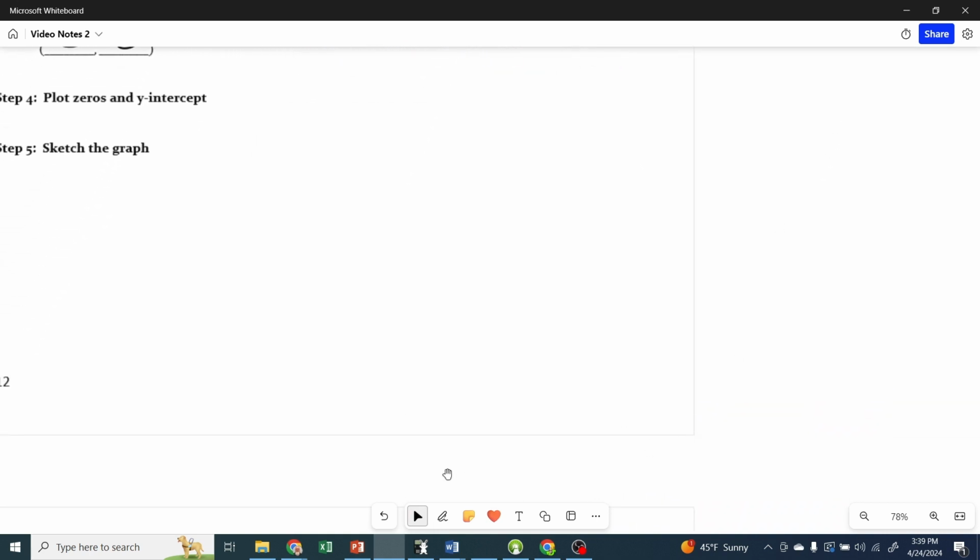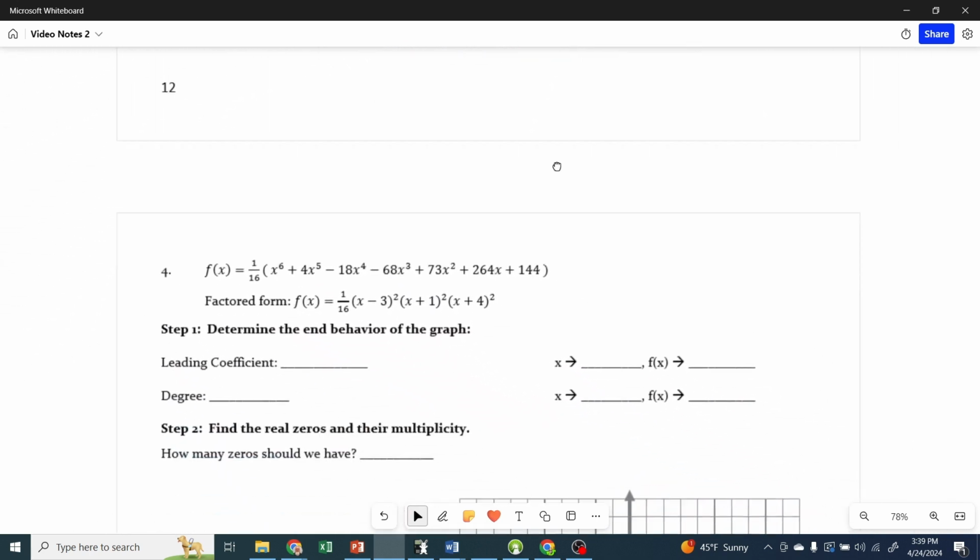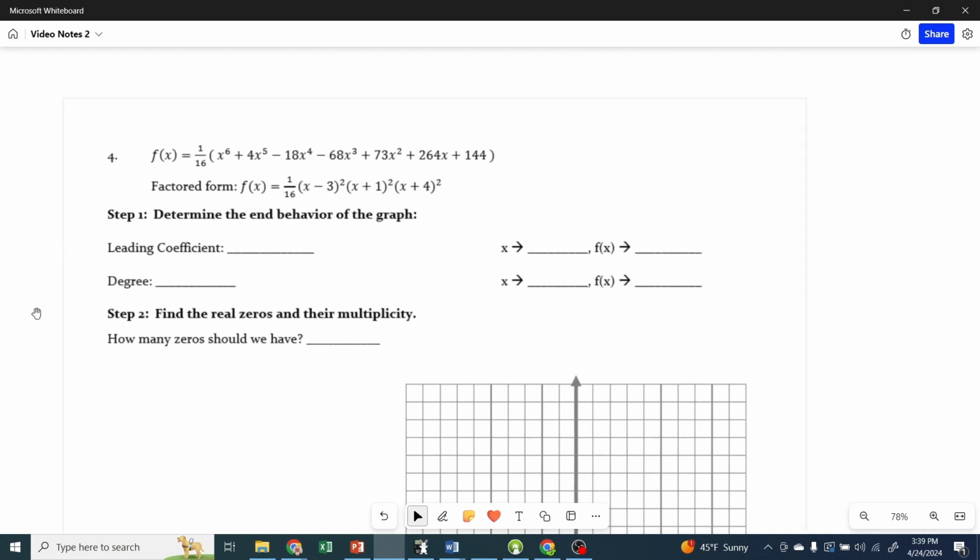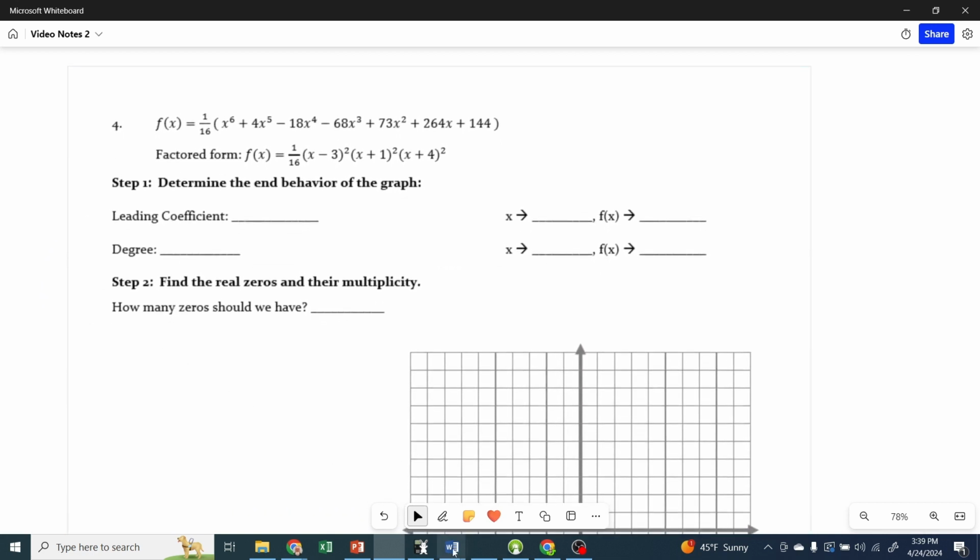All right, our last graph. Same process, but instead of a decimal now we have a fraction. So our lead coefficient here is going to be 1/16. We're going to have a smoothed down graph. The degree is 6. Since this is a positive even graph, as we go to positive infinity, we'll be going up.